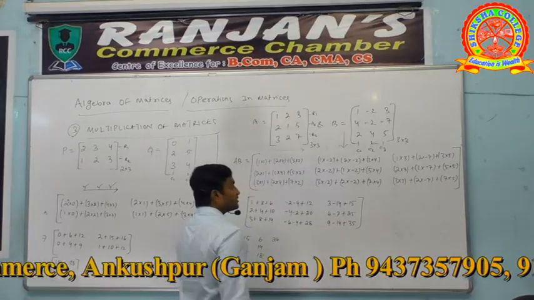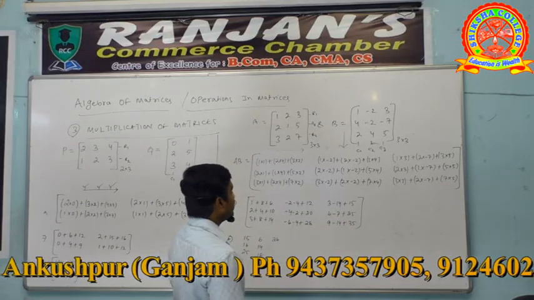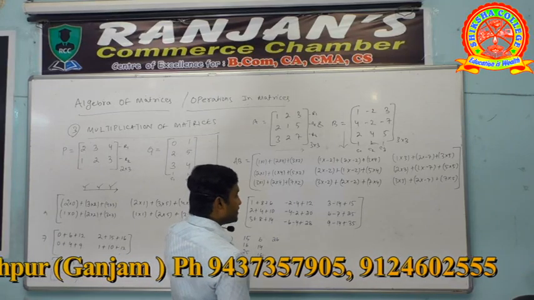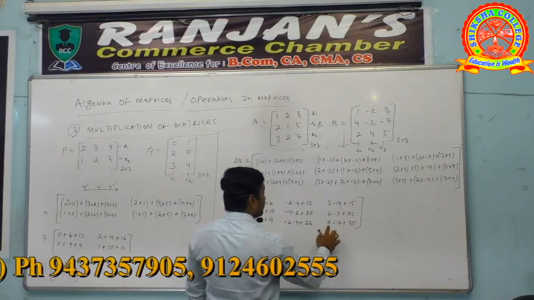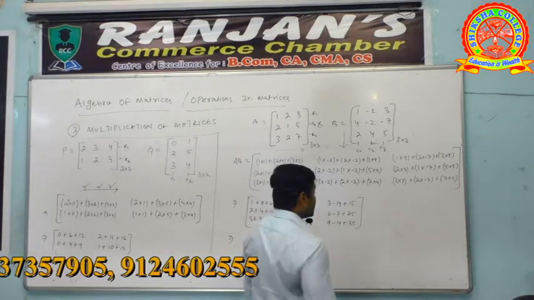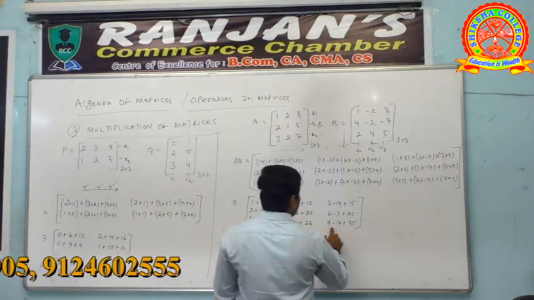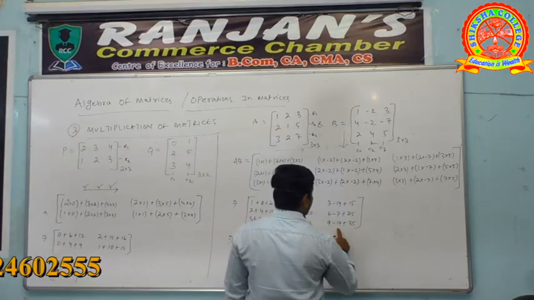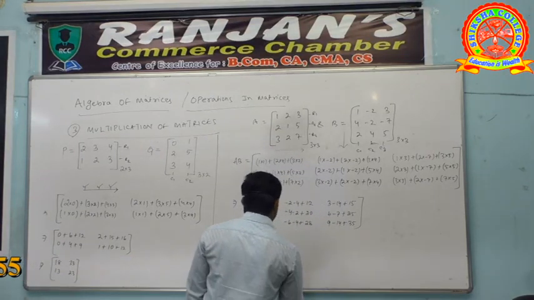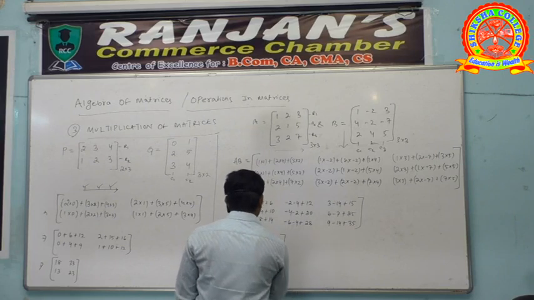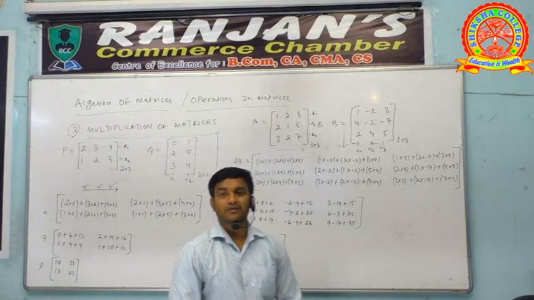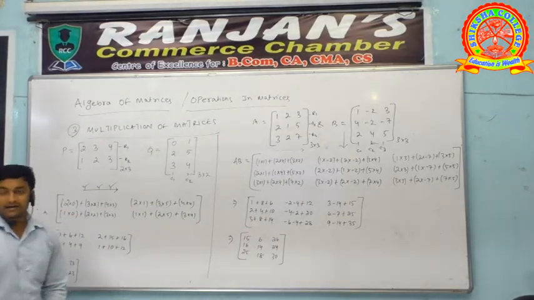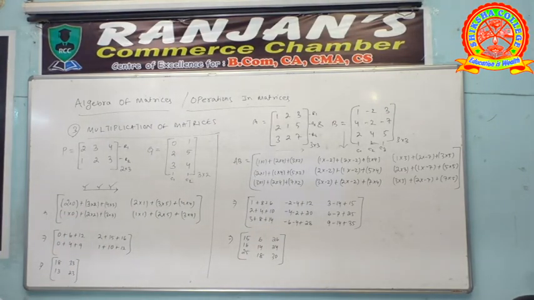Then 6 minus 7 is minus 1, minus 1 plus 25 is equal to 24. 9 minus 14 is minus 5, minus 5 plus 30 is equal to 25. So that is the value that we derive from multiplying A with B.